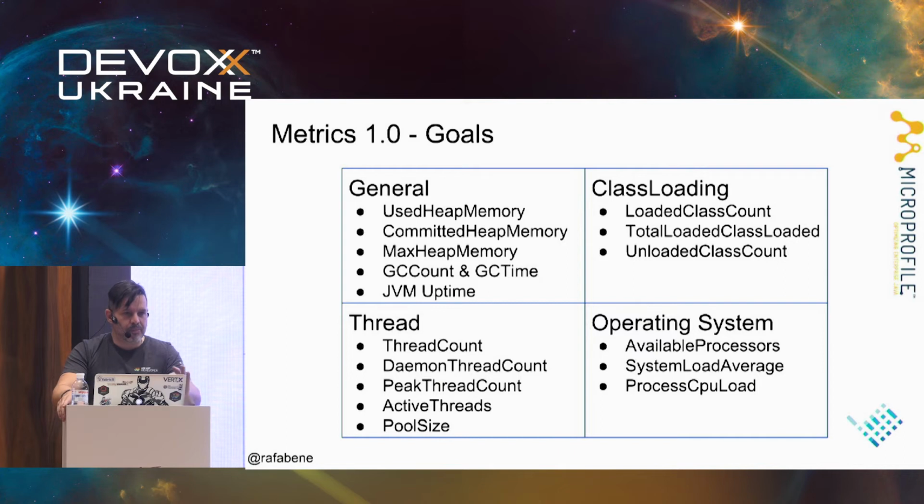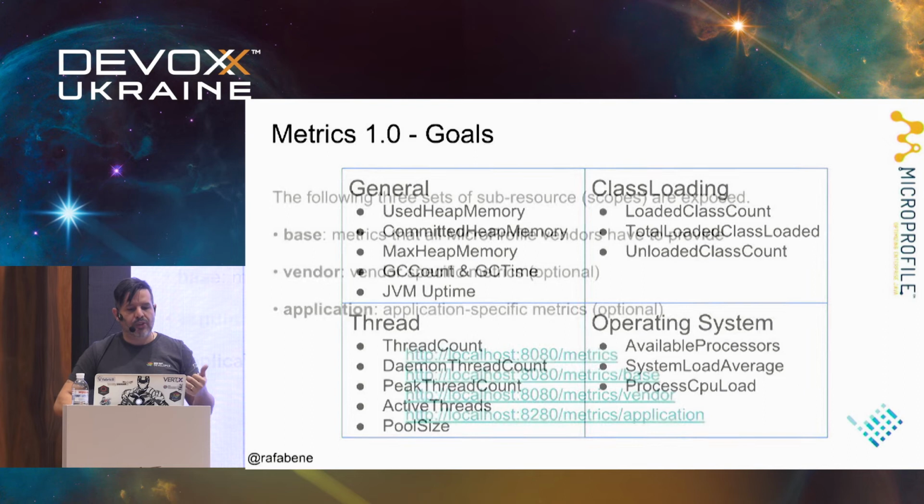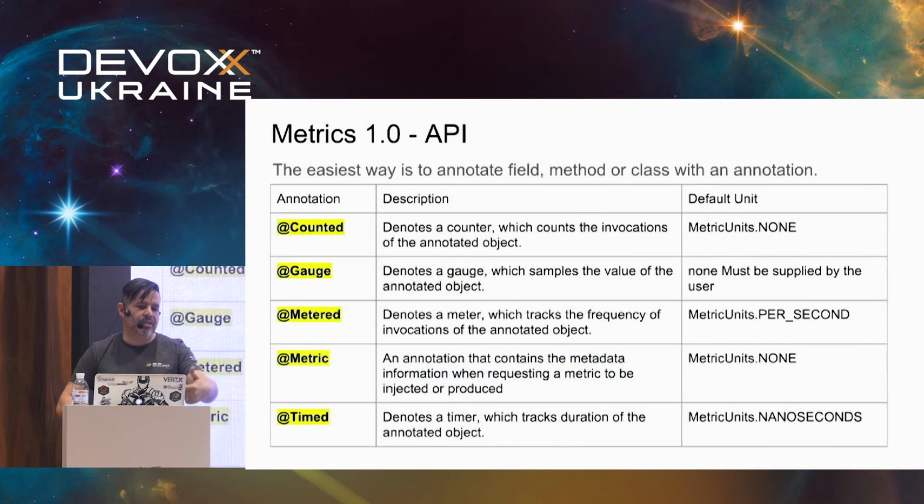You can see here some examples of general metrics: class loading, thread, operating system. And if there are no existing metrics that you are interested in, you can create your own. The application can consume those metrics and then export them using one of these APIs.